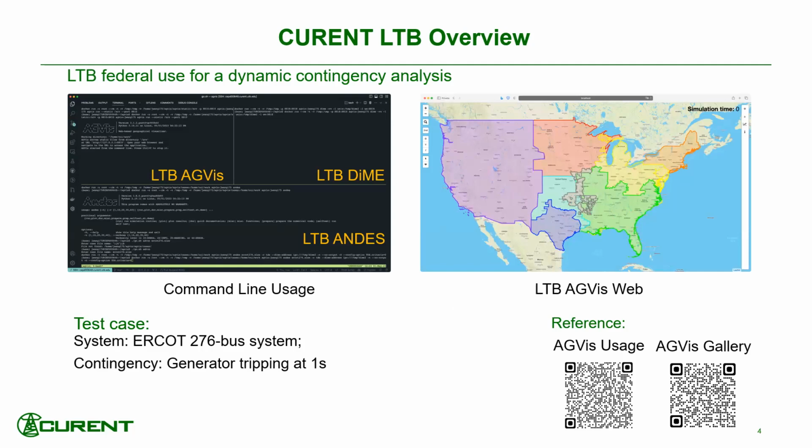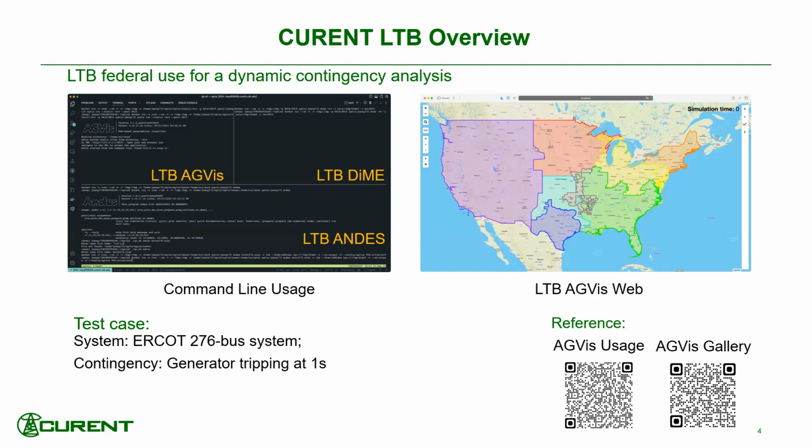And then I'd like to show an example of federal use. We can use LTB for a dynamic contingency analysis. On the left side, the three modules are running in the backend, and on the right side, we are seeing the LTB aggregate to give you the geo-visualization.